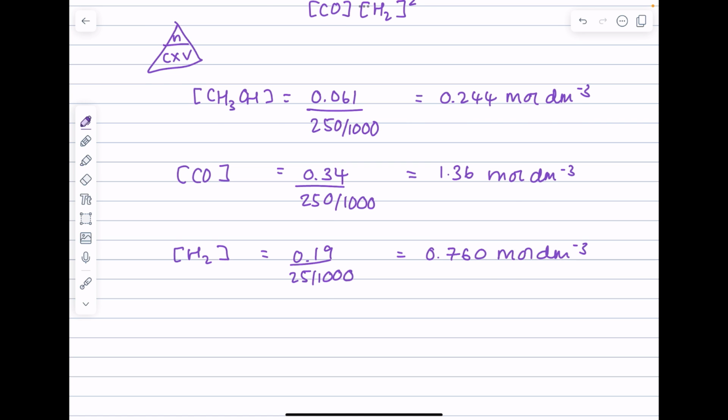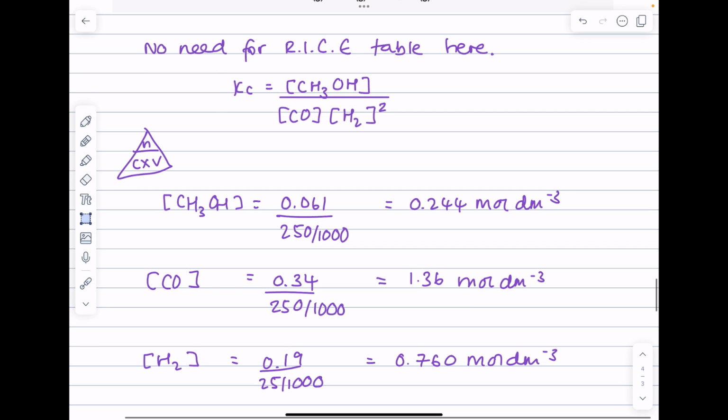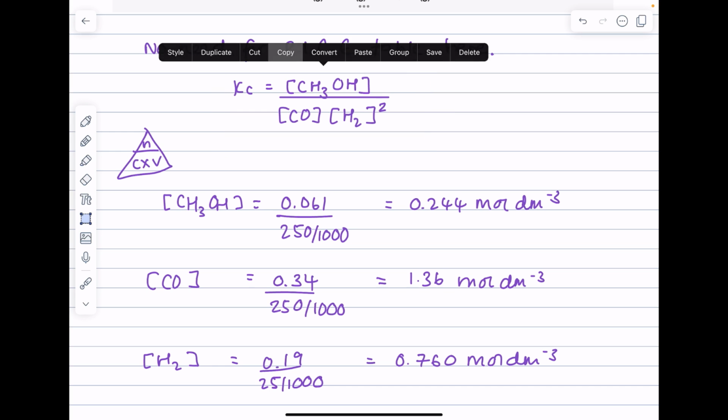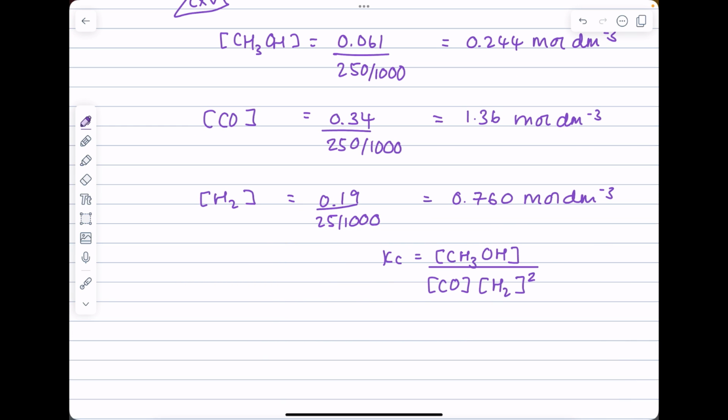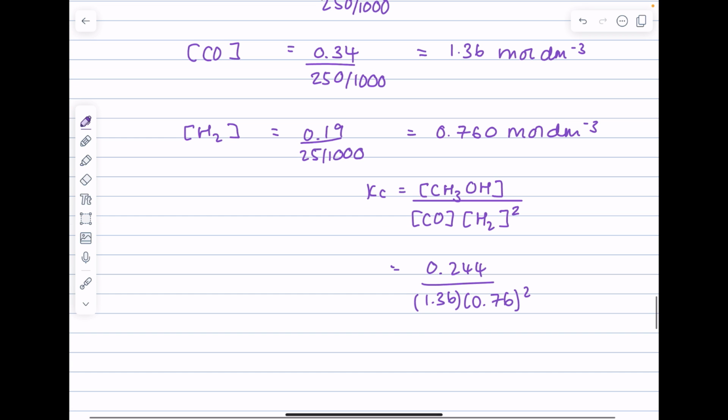Okay, perfect. So we'll steal that expression. Let's substitute in all our values, remembering to square the concentration of hydrogen based on the Kc expression we worked out. So Kc equals 0.311.